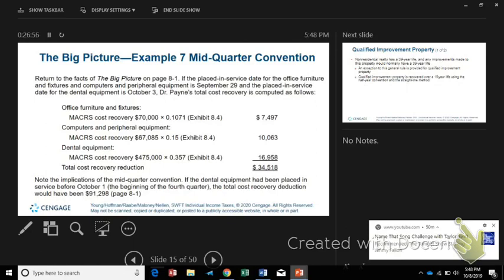So we have $70,000, and the other amount, $67,085, purchased on 9/29. And then on 10/3, we had $475,000 purchased. All right. So what is that going to make us do again? Are we going back to this chart?